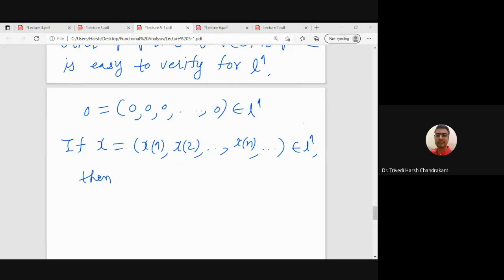Then L1 will be a subspace of the given vector space, because we are taking sequences whose series is convergent.